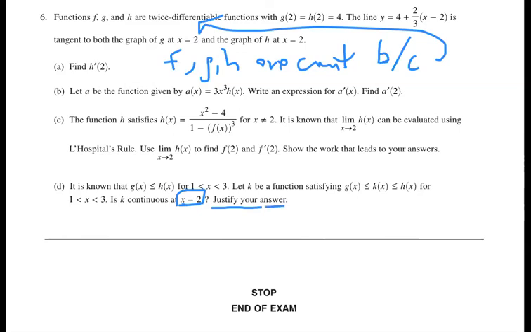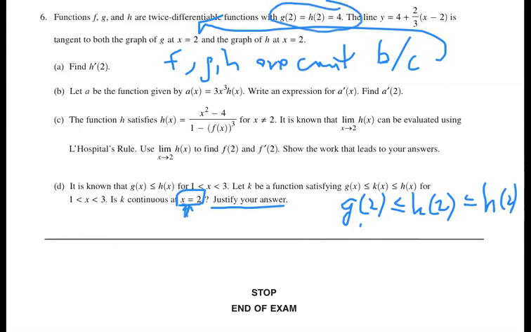Well, this means that we know that g of 2 is less than or equal to k of 2 is less than or equal to h of 2. Okay, because we're dealing with this value of 2 here. Well, way up here in the given part, they told us this was 4 and this was 4. So the only value that is between or equal to 4 and 4 means that k of 2 has to be 4.